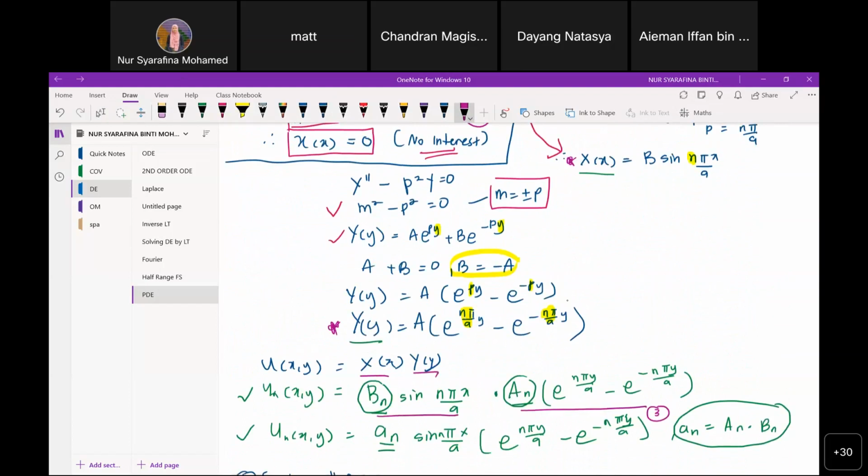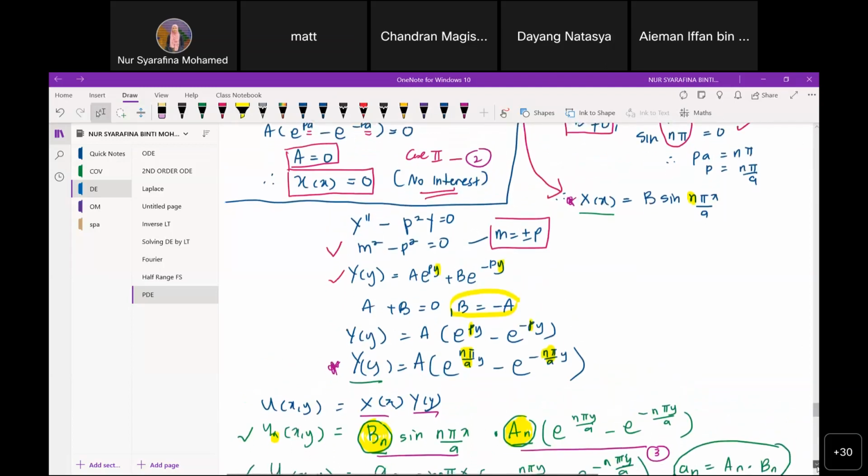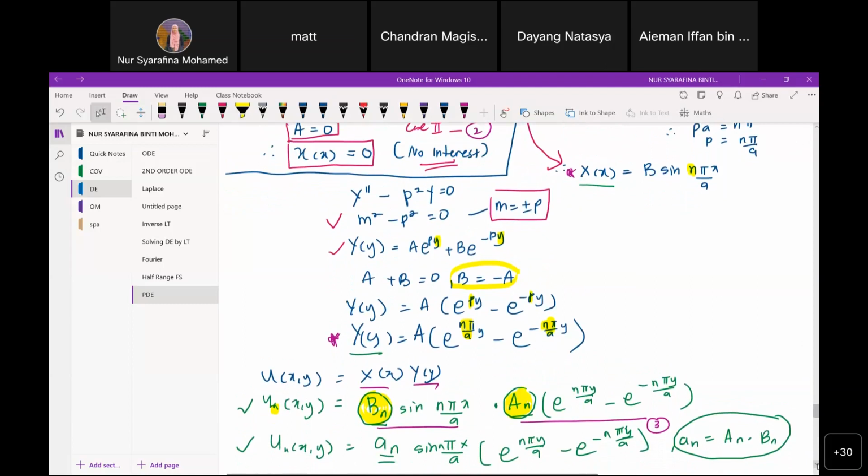Why do we put bn there? Anyone? Why do we put bn there instead of only b here? We put bn because this n comes from a sequence.